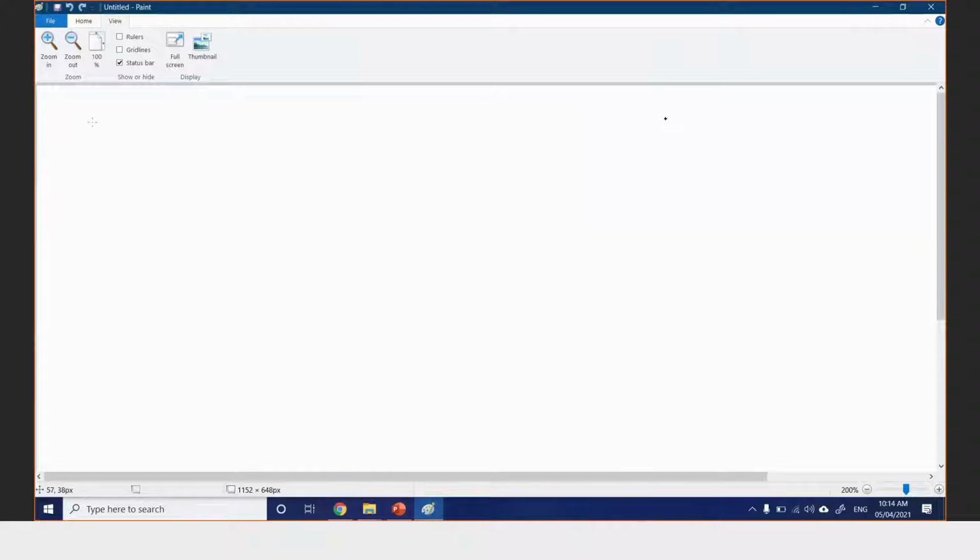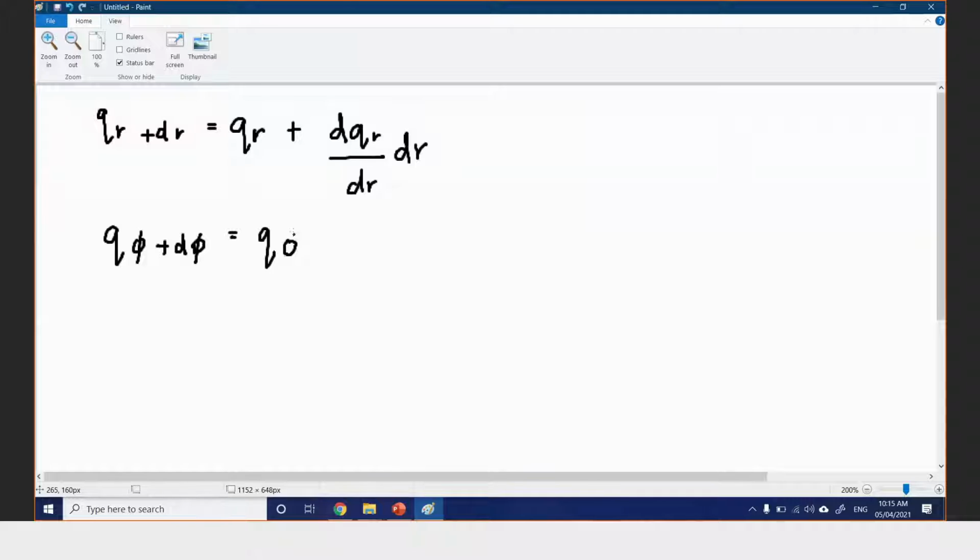First, by using the Taylor series expansion. It's the same as the cylindrical case last time, in that Q_r plus dr equals Q_r plus dQ_r/dr times dr. Then for Q_phi plus d_phi equals Q_phi plus dQ_phi divided by d_phi, times d_phi, because this is simply a change in the phi direction.